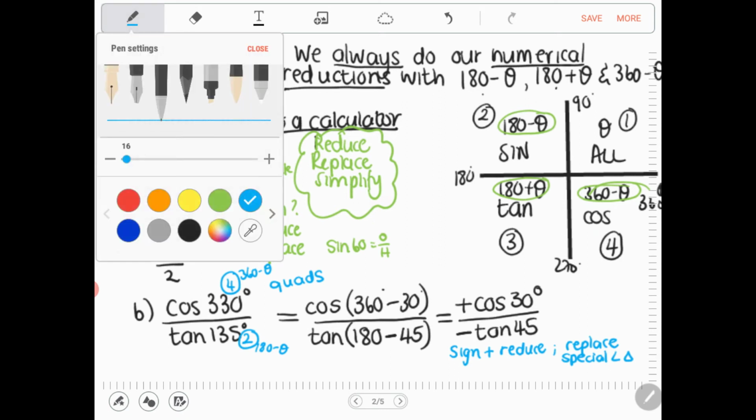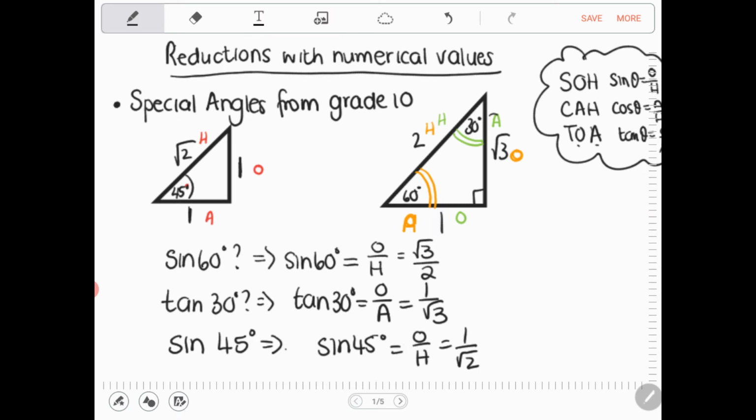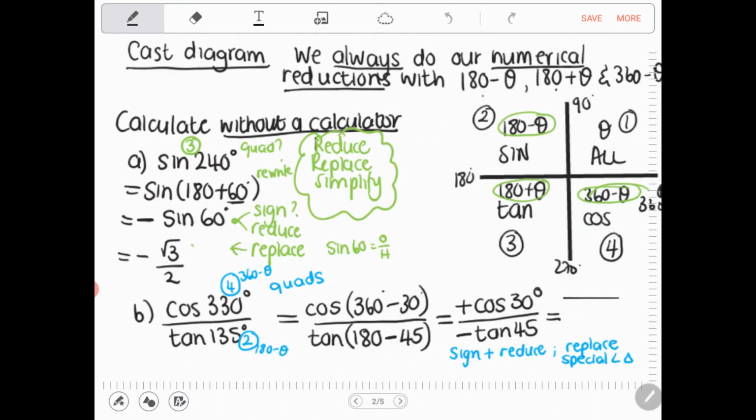Okay, so let's see. Cos of 30. Okay, cos is adjacent over hypotenuse. So cos of 30, adjacent for 30 is root 3. Hypotenuse is 2. So this is positive root 3 over 2. And the tan of 45, remember we've got a negative as well.